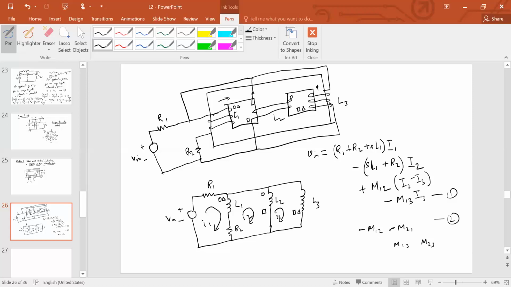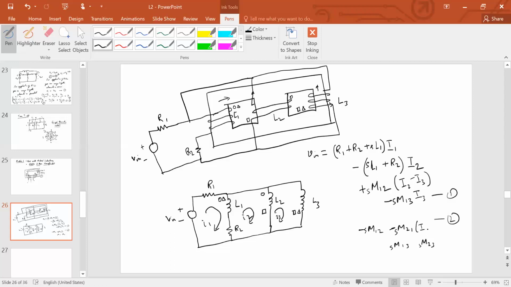I2 minus I3 is entering through the circular dot, and I2 minus I1 is leaving through the circular dot here. So M12 and M21 are both with a negative sign, provided you're multiplying with an S. These are inductances themselves, so there has to be an S.